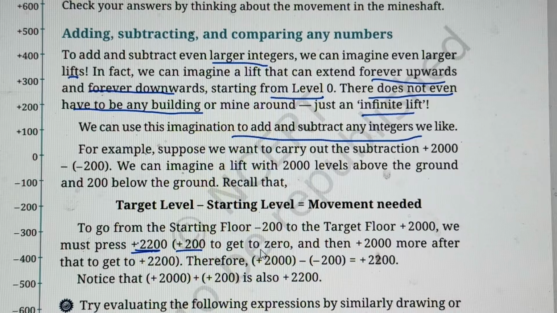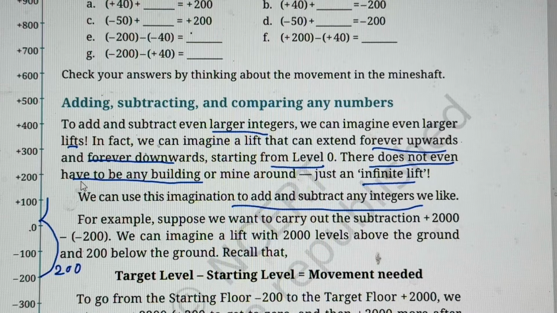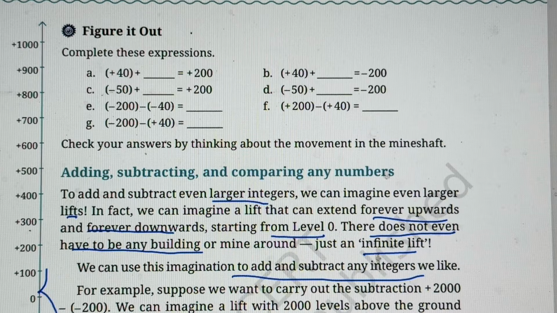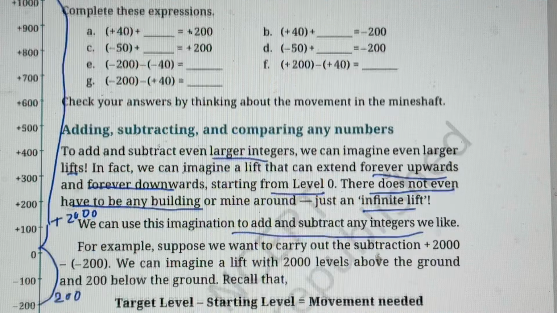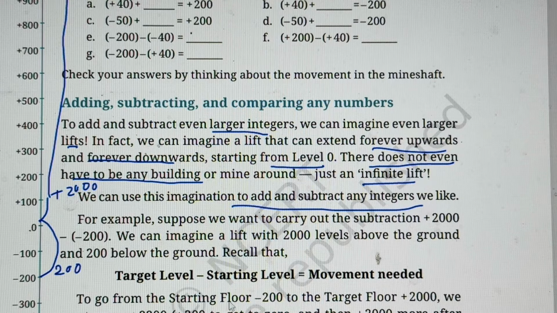Plus 200 to get to 0, and then from 0 we will go up to 2000. So this is plus 2000. So totally we are going up 200 plus 2000, that is 2200 is the answer. Okay. So this is how we understand.